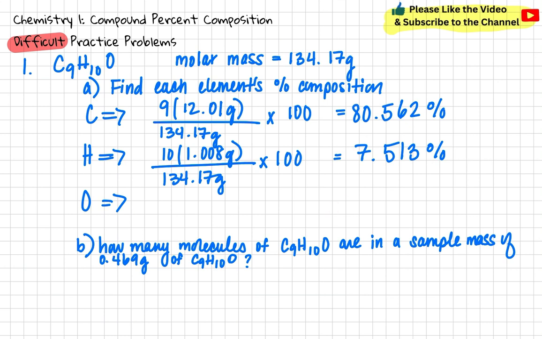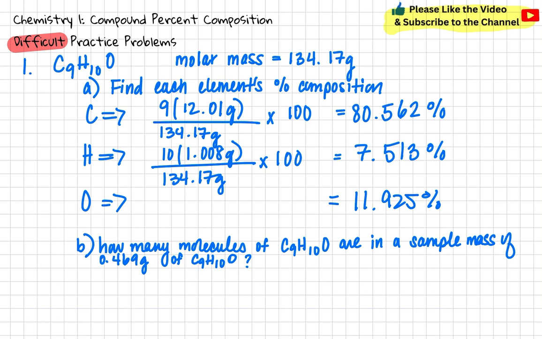So subtract that from 100. I know that oxygen has to make up 11.925%. Now, if you do the math, you'll come up with that as well. For time's sake, I'm not. As you're going over this particular topic in this part of your chemistry course, this is an example of where you can save time on your exams and your quizzes.